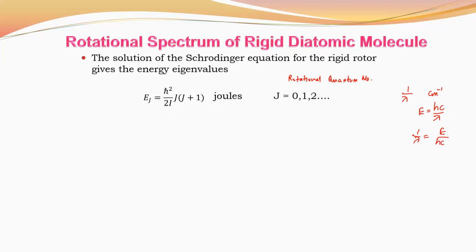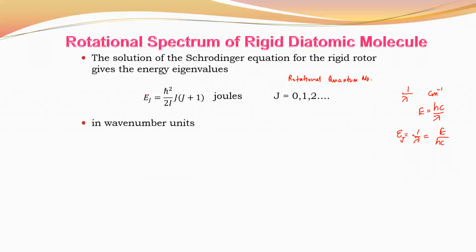So dividing the energy in joules by hc, we get 1 by lambda, or the energy in centimeter inverse, in wave number.